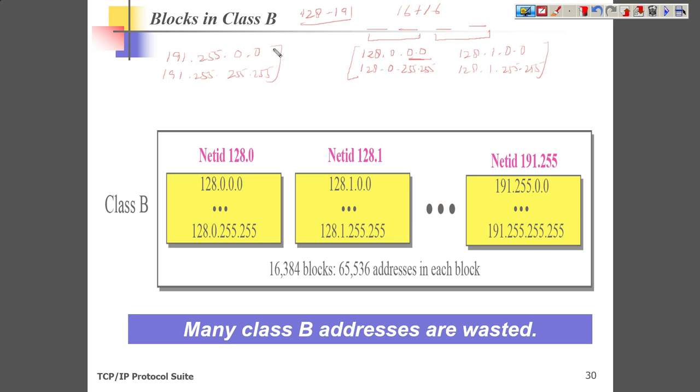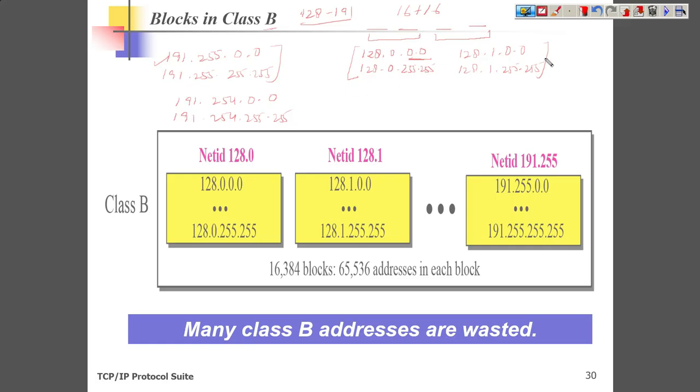This is the last block in class B. Similarly, the second last block should be 191.254.0.0 and 191.254.255.255. So this is the second last block of class B.